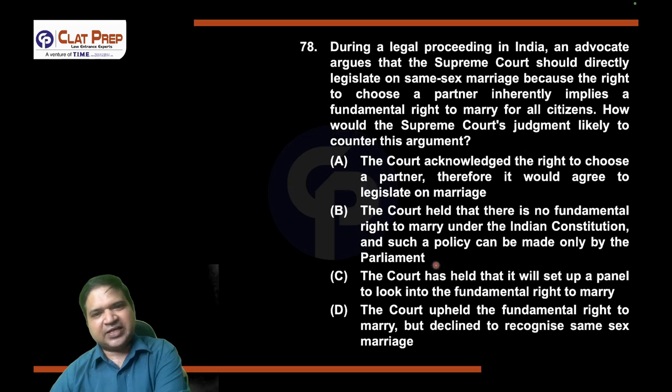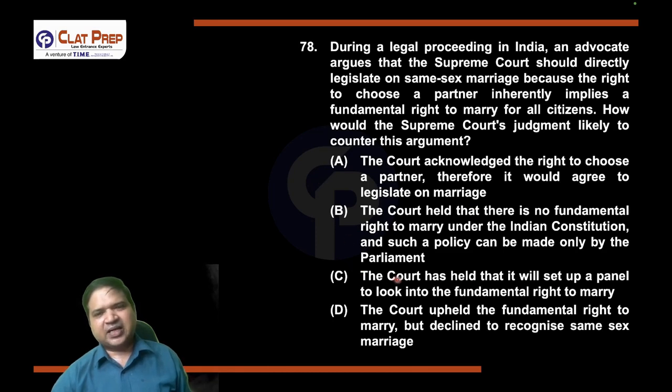Directly given what we see in option B, that there is no fundamental right to marry under the Indian Constitution and policy can be made only by the Parliament. We will stick with option B. Option A, the court acknowledged the right to choose a partner, it would agree to legislate on marriage. This is not in line with the passage. Option C says the court held it will set up a panel.